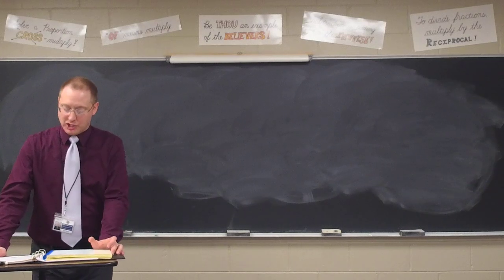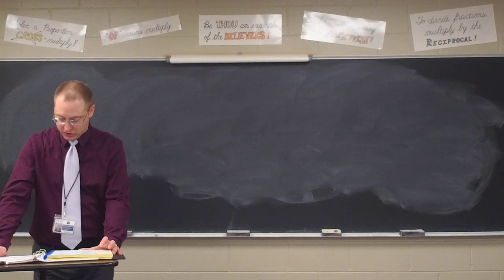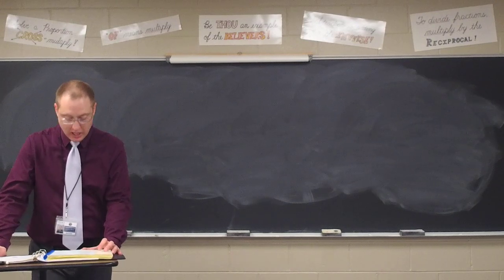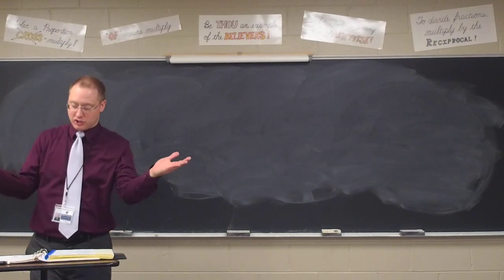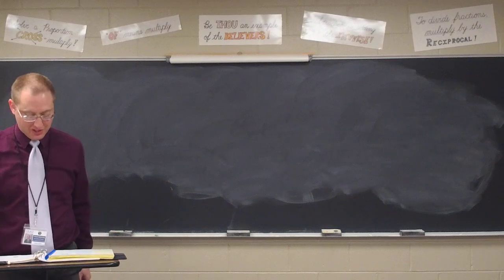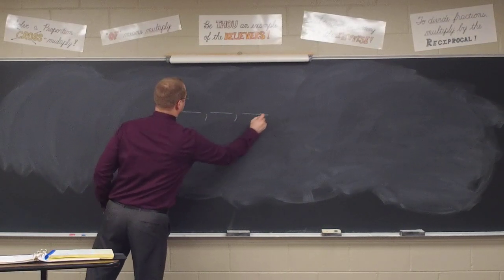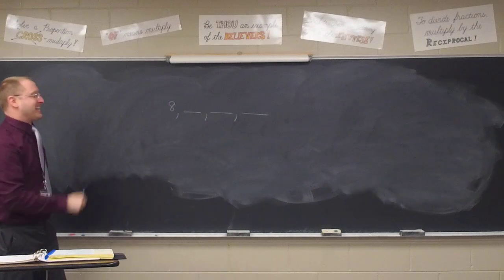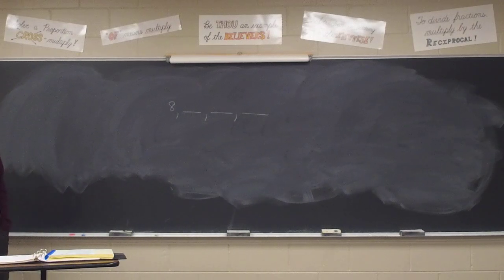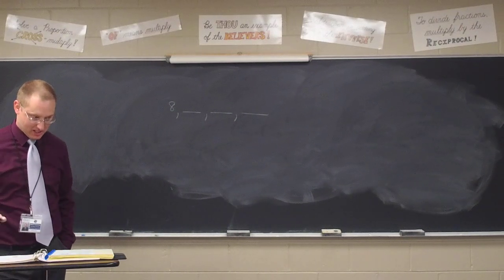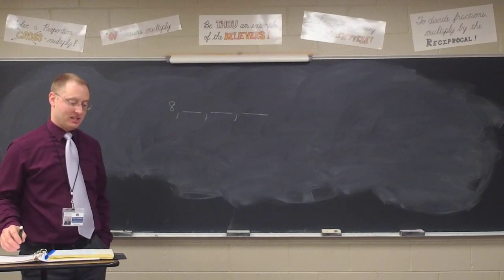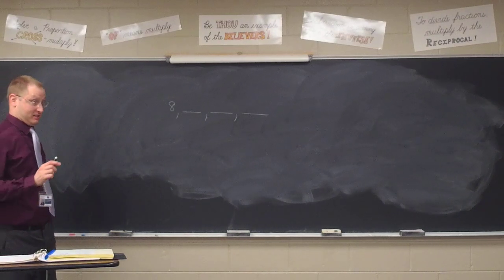Number 60. They want you to actually write out the first 4 terms of an arithmetic sequence. They're telling you the first term, so you only need the next 3. If the first term's 8 and the common difference is -7, get the first 4 terms.